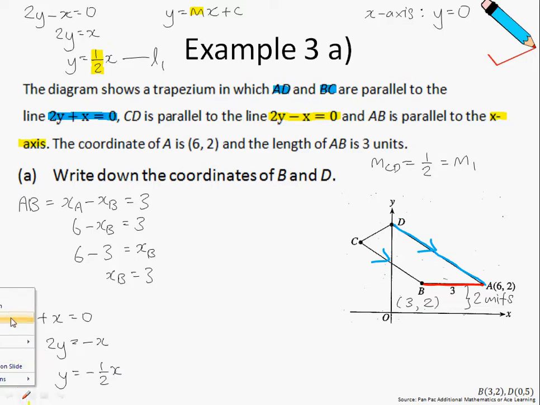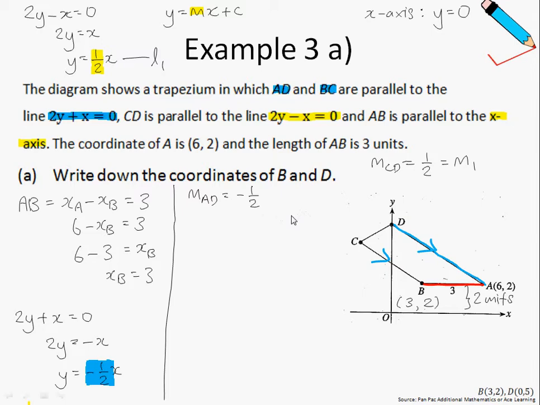So I realize that the gradient of this line AD is actually just negative half. Let me just split the screen by 2 and write it down: gradient of AD is negative half.